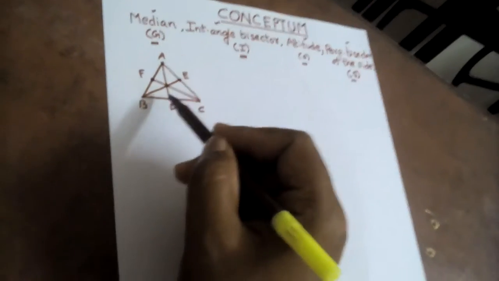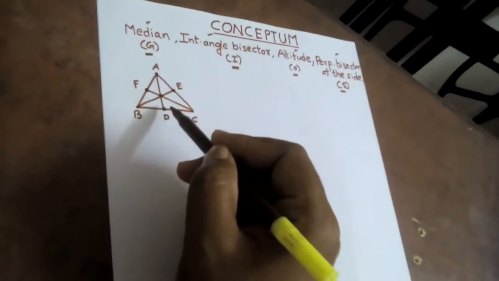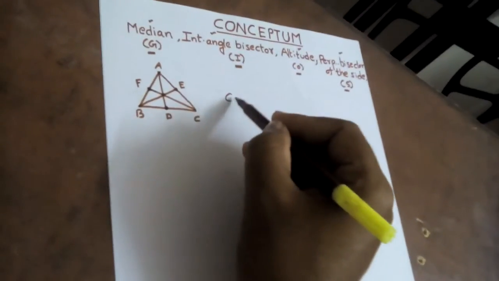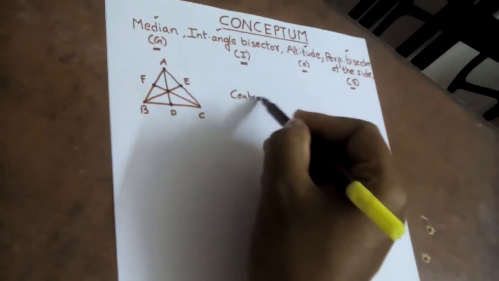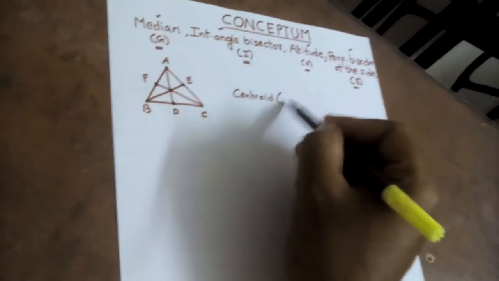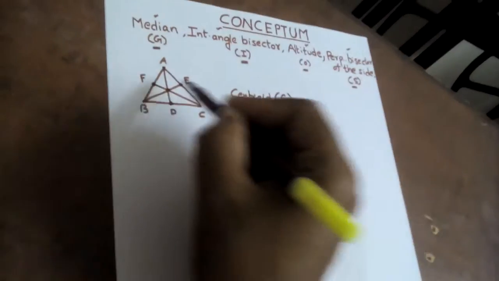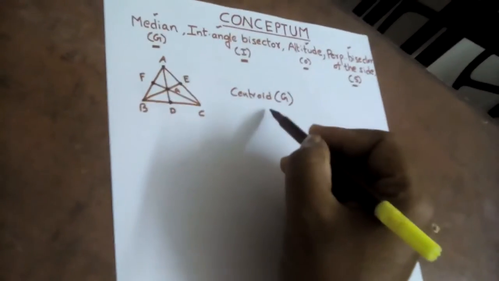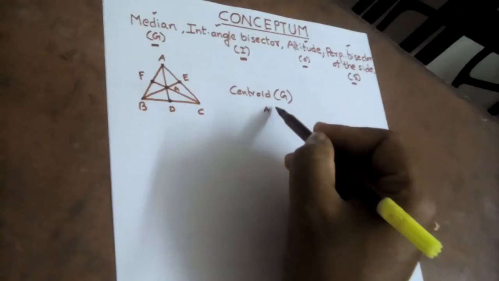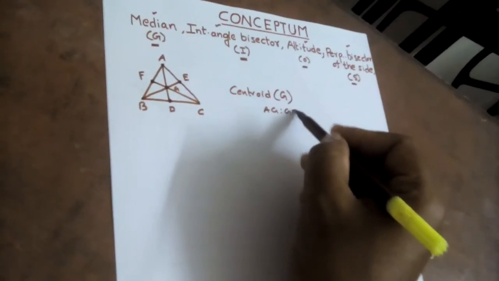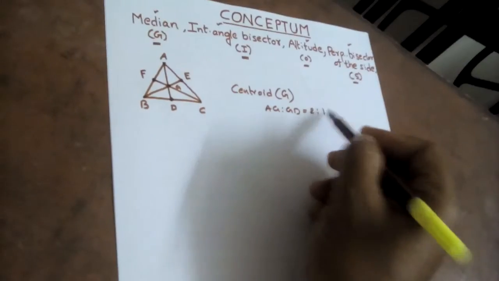Now one more thing I want to tell you is, this point is called centroid, and it is represented with the letter G. And this centroid divides the median in the ratio of 2:1. AG is to GD is equal to 2:1.